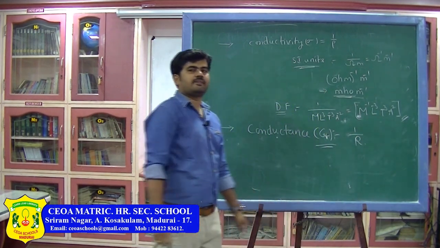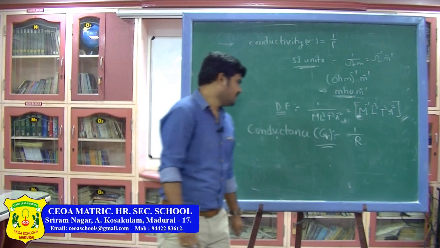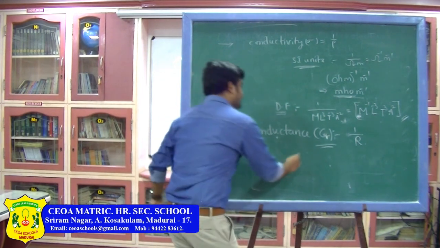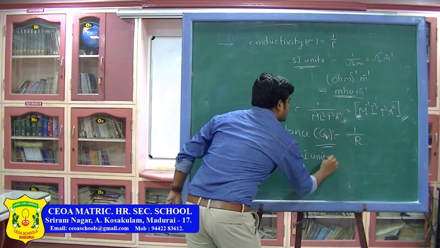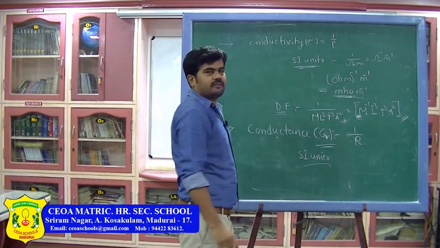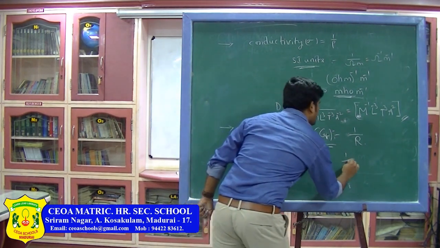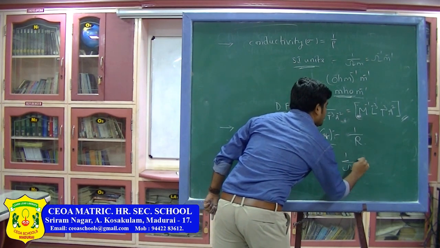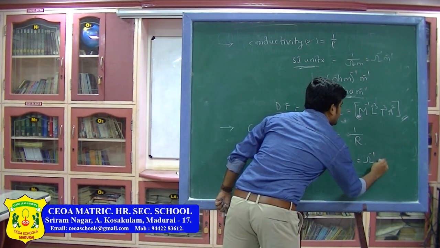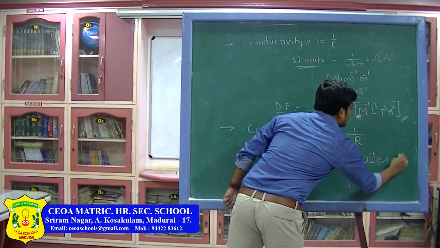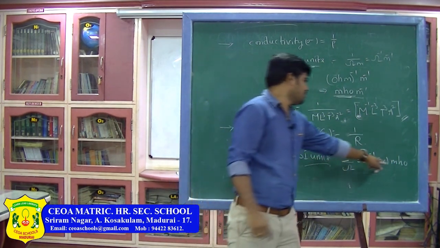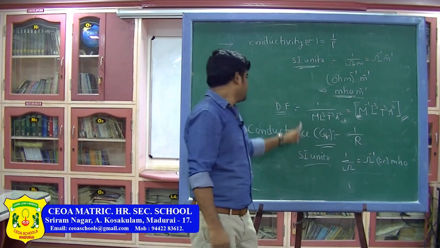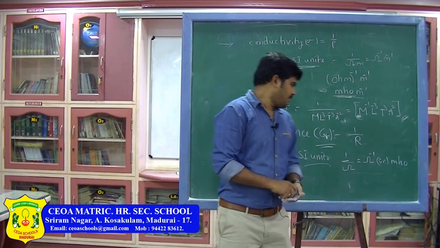Similarly, you can define units for electrical conductance, which are the reciprocal of units of resistance, that is 1 by ohm, or ohm inverse. You can also write mho: just reverse the letters of ohm, and you get mho, which is the SI unit of electrical conductance.